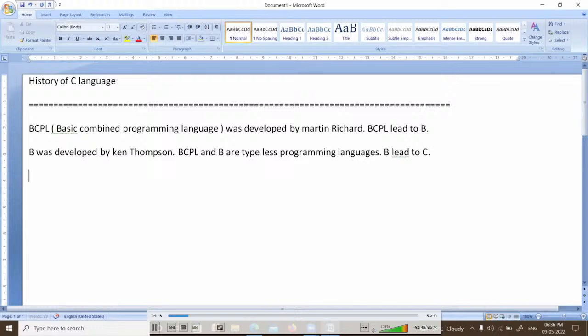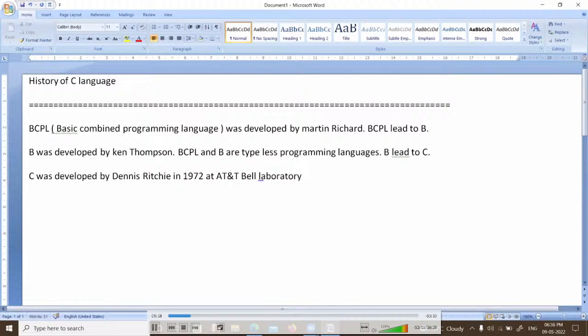B led to C. C was developed by Dennis Ritchie in 1972, at AT&T Bell Laboratory, on a Unix machine. The computer having the Unix operating system, on that machine, C language was developed. This is the simple history of C programming language.